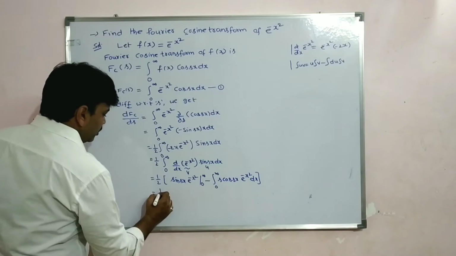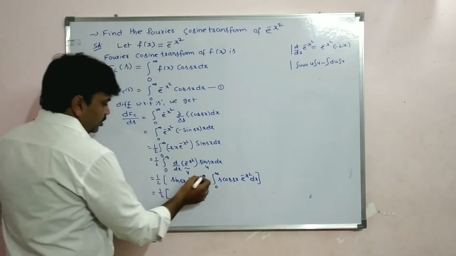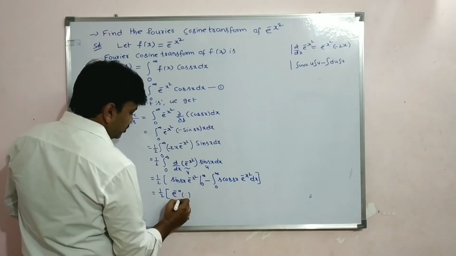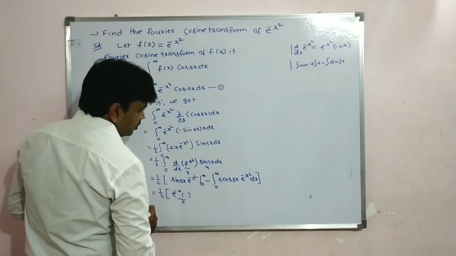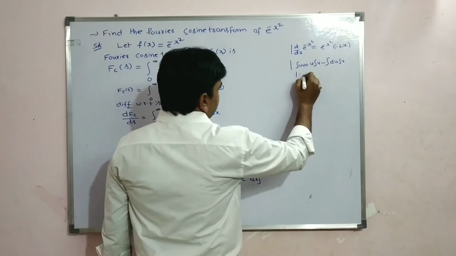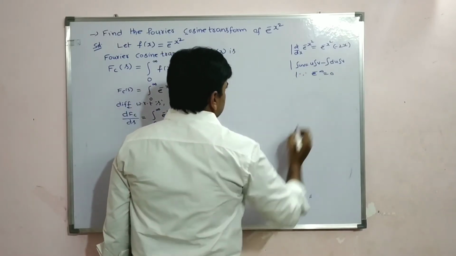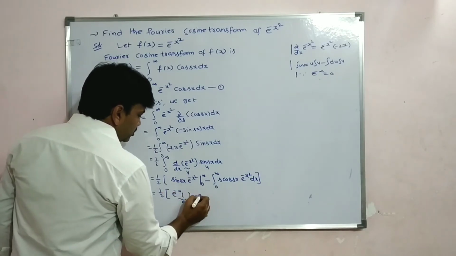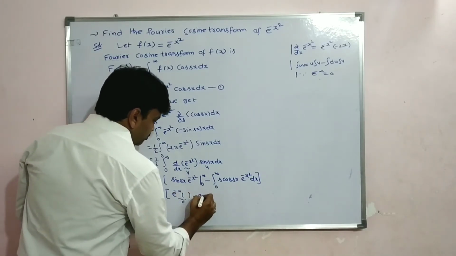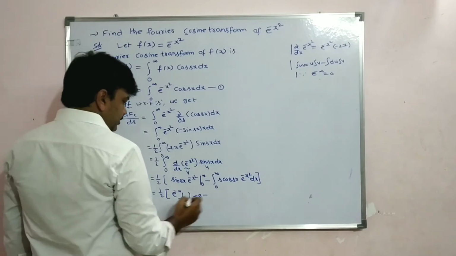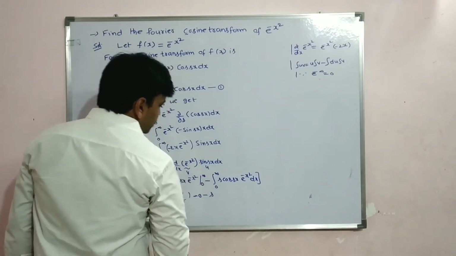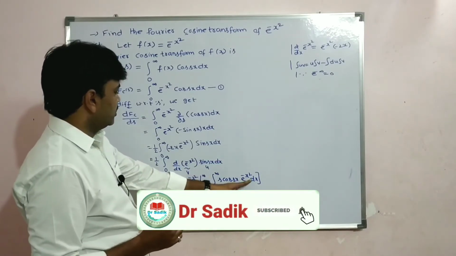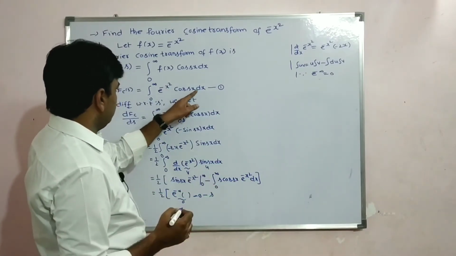That is equal to 1 by 2 into, so e power minus infinity, the value is 0, minus the lower limit sin 0, which is 0. So finally this value is 0, minus s into cos sx e power minus x square dx.